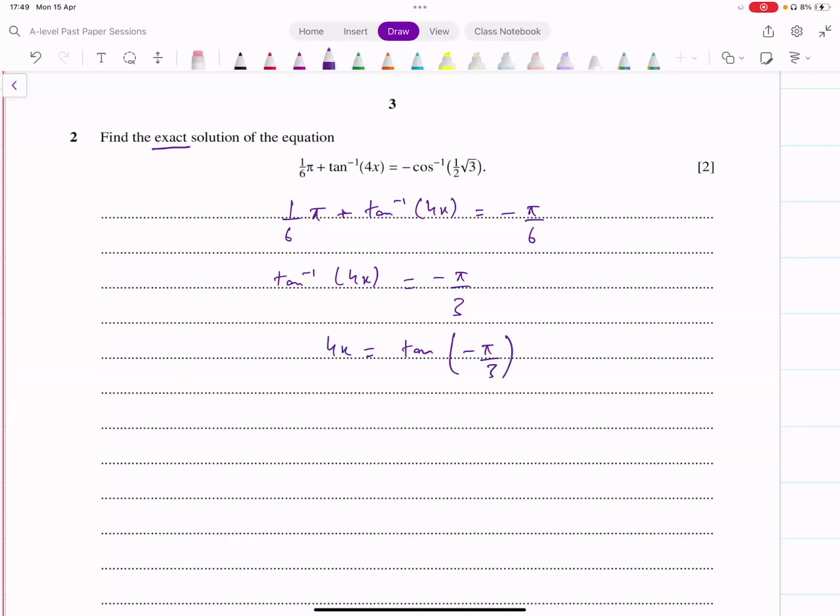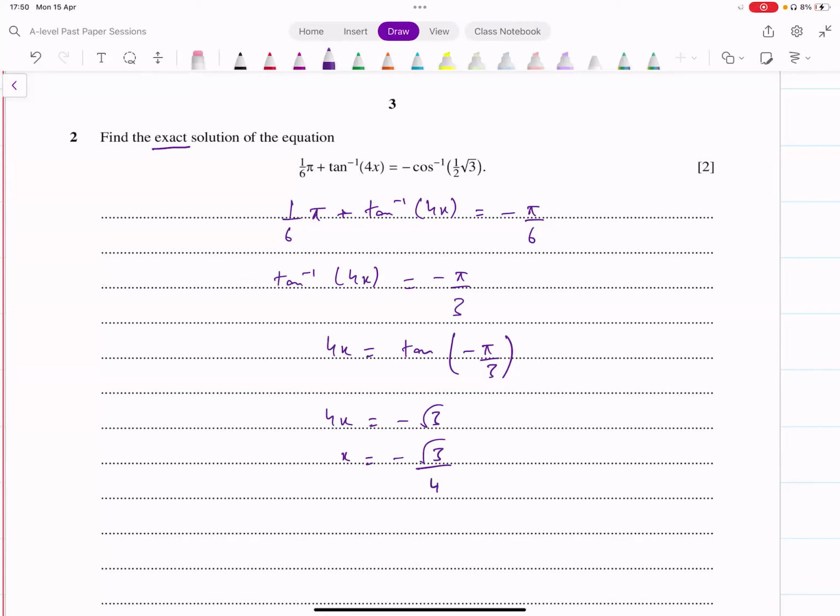And now again, just put this on your calculator and see what that gives you. Tan of minus pi over 3, what does the calculator give on this? Tan of this is minus under root 3. And now you just take 4 to the other side. That gives you minus under root 3 divided by 4. This is the exact value of x that we're getting.